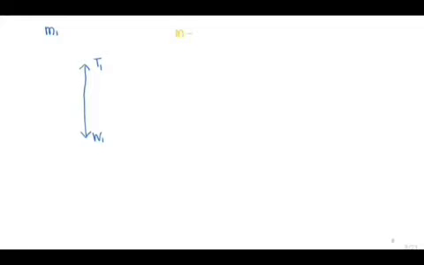For M2, since frictional force 2 and tension 2 is in the same direction, therefore we just overlap on the same line. And lastly, for M3, since the surface is inclined, therefore the free body diagram also inclined.